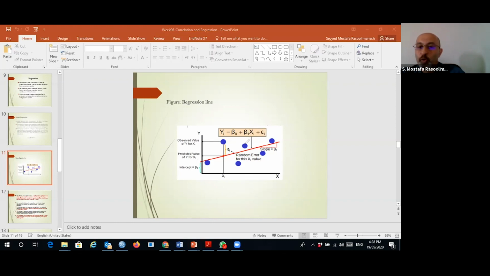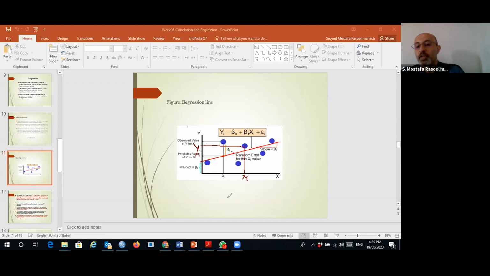For example, for this case, X of this sample is here, X i, for example, right? And the value of Y is here, Y i.